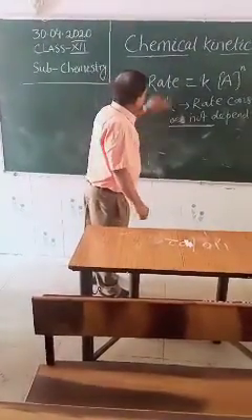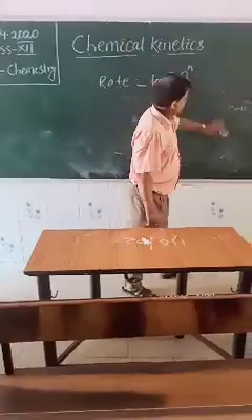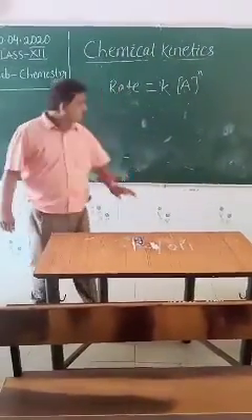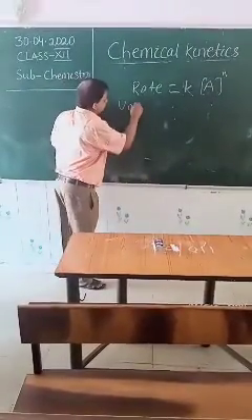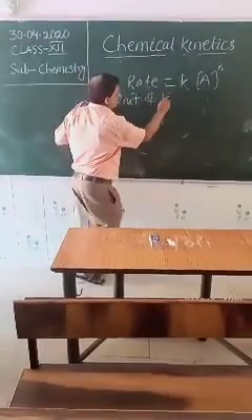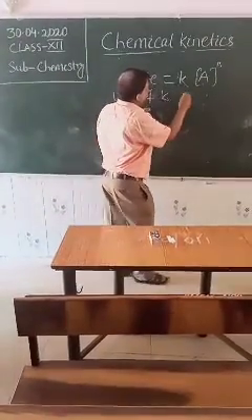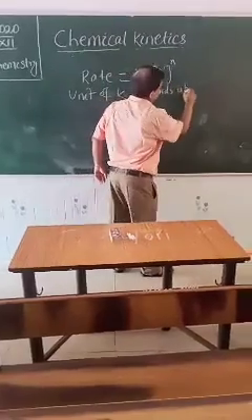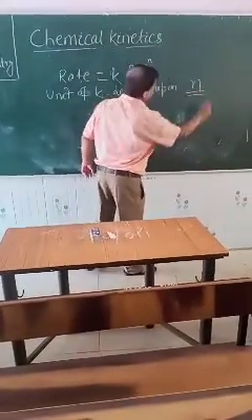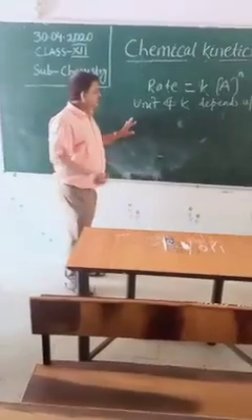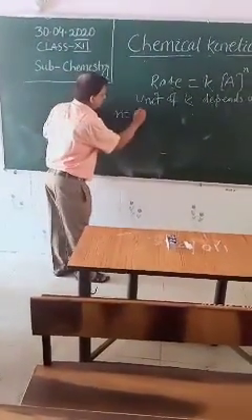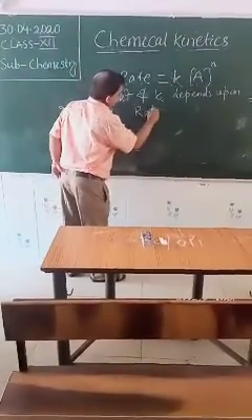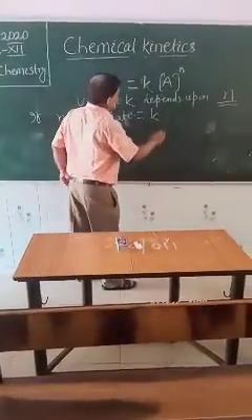So the rate constant k depends upon the temperature, and the unit of k depends upon the value of n, that means the order. If order equal to 0, if n equal to 0, then rate equal to k.